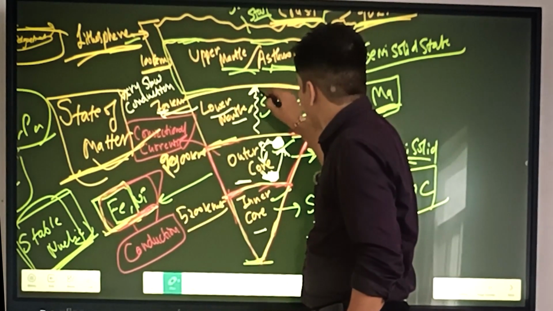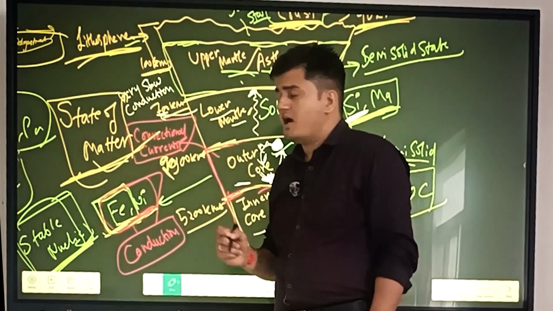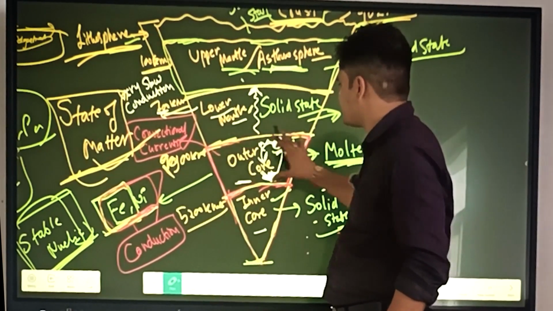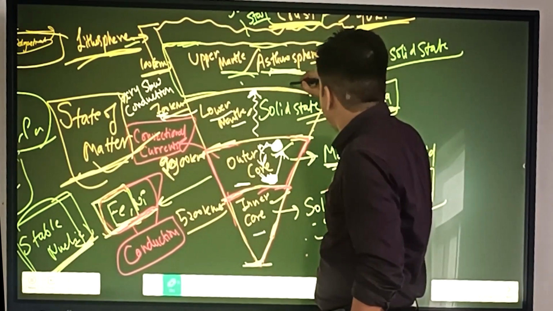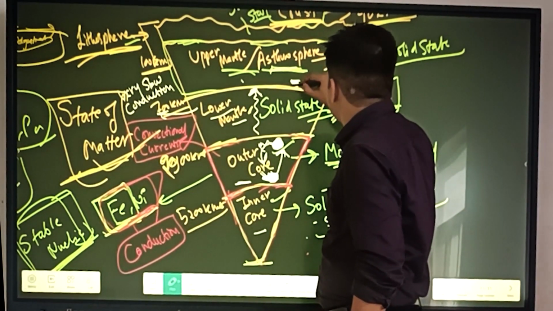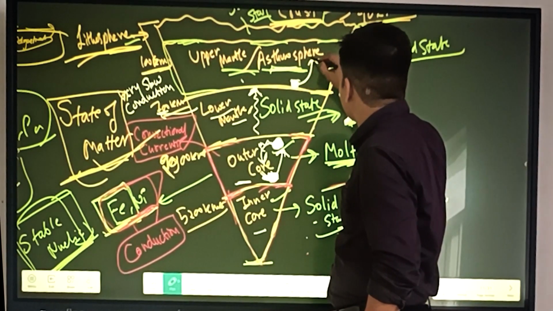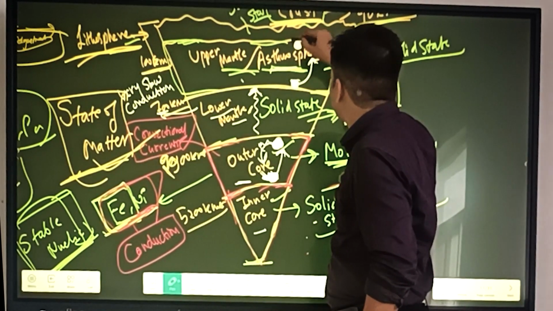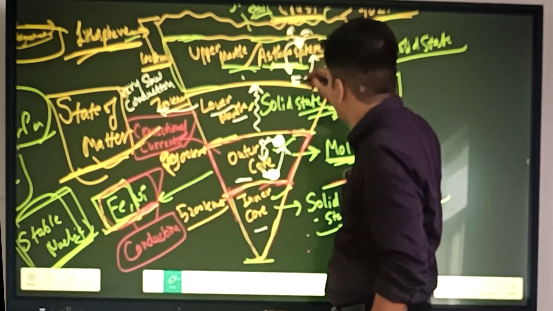Then the energy will reach the boundary of the upper mantle. Upper mantle, also called the asthenosphere, we have discussed. This is in the semi-solid state like we saw in the outer core region. The semi-solid state has the same convectional currents: the lower density material will rise up, reach the crust, then radiate its heat, its density will increase and it will start to sink down.